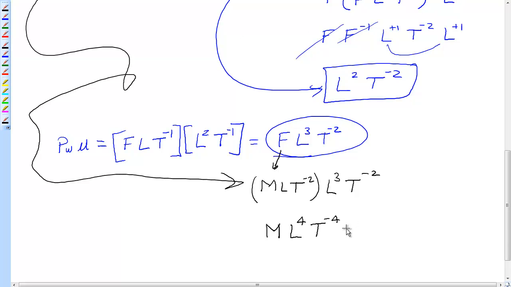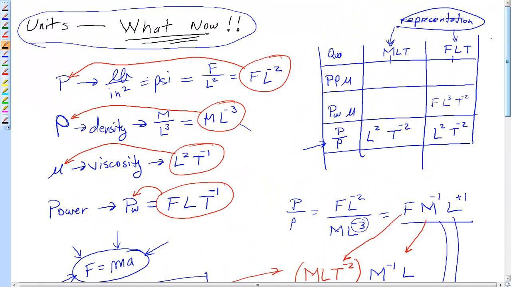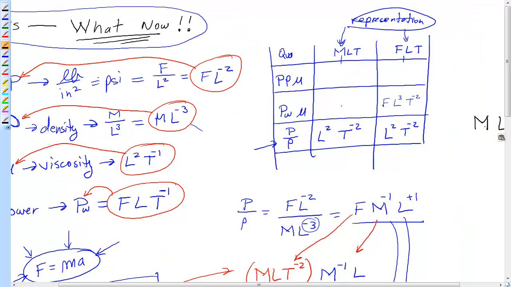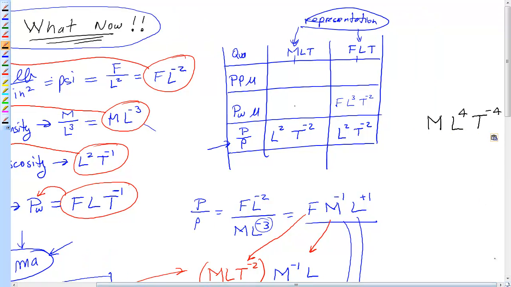So reach up here, this is your answer, grab it, run up to the top, it got moved to the side, and that got put right there. So again, what you notice is a mass existed here and a force existed here. Notice the trade out. You change the exponents on the length and time for doing this.